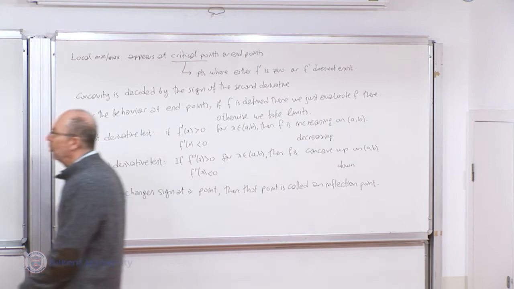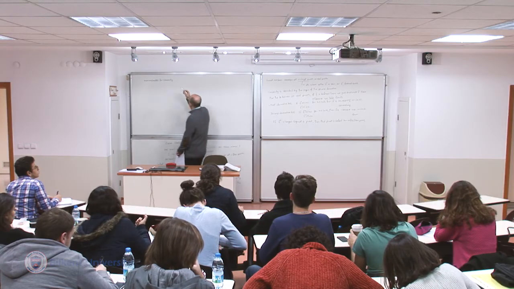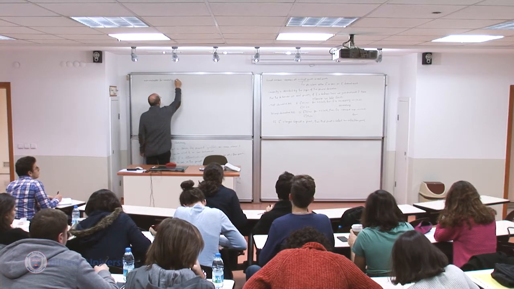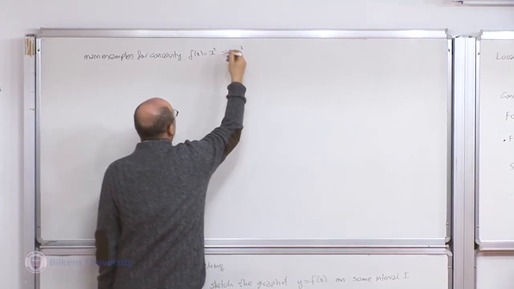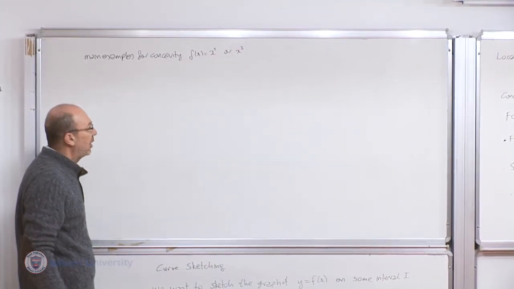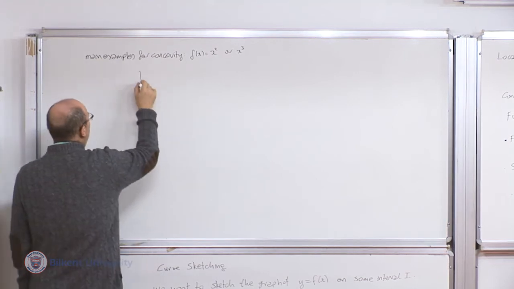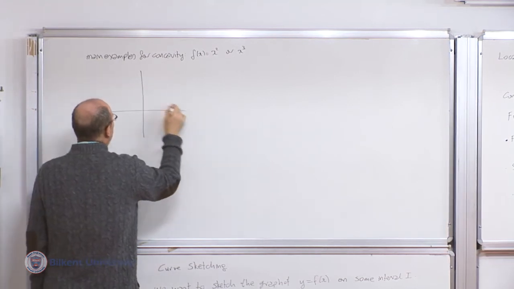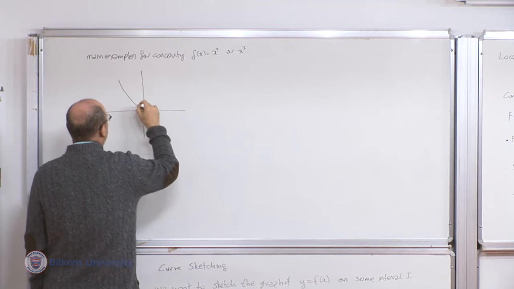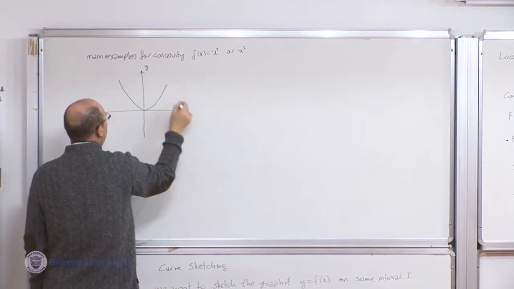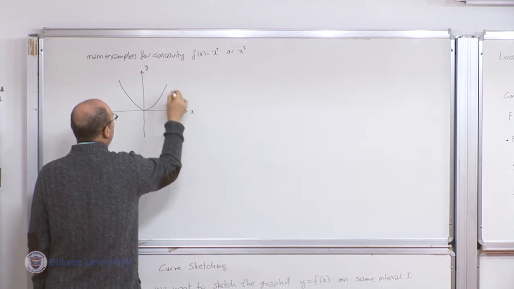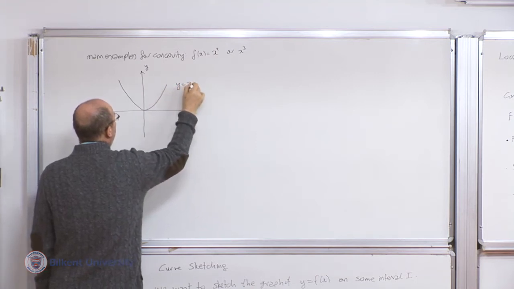Okay, so for concavity, our f of x equals x squared or x cubed. The others more or less look the same. Okay, so for x squared, we know that the graph is something like this. So this is y equals x squared.